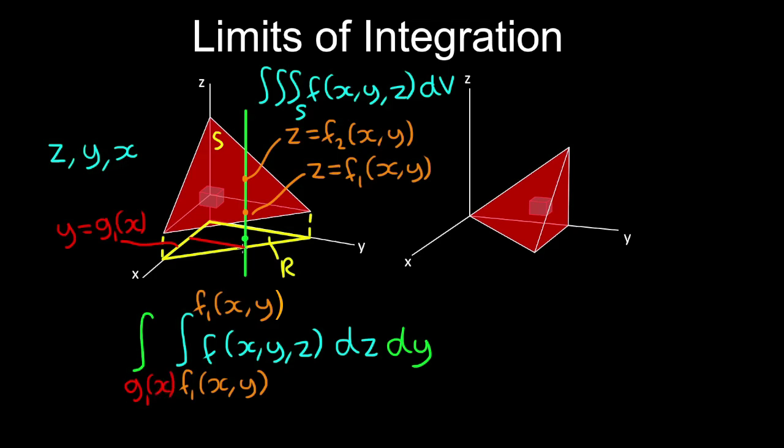Our upper limit of integration is the function defining this line, or in general a curve, which would also be another function of x. Noting that's where the line enters and exits the region. And finally, we integrate over x, from x equals a to x equals b, to include all these lines.